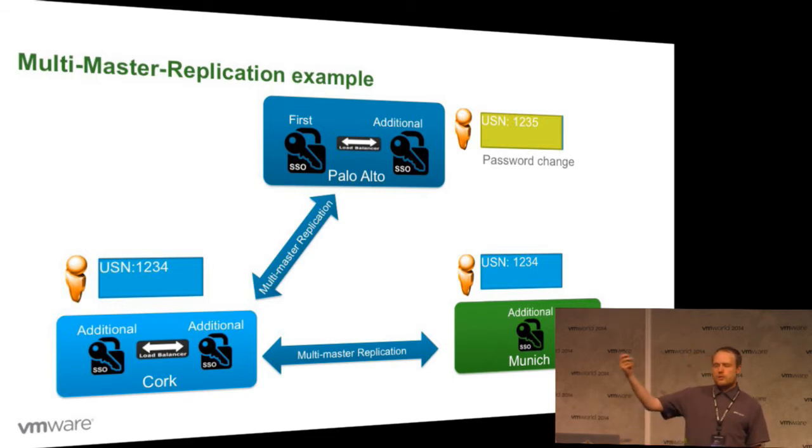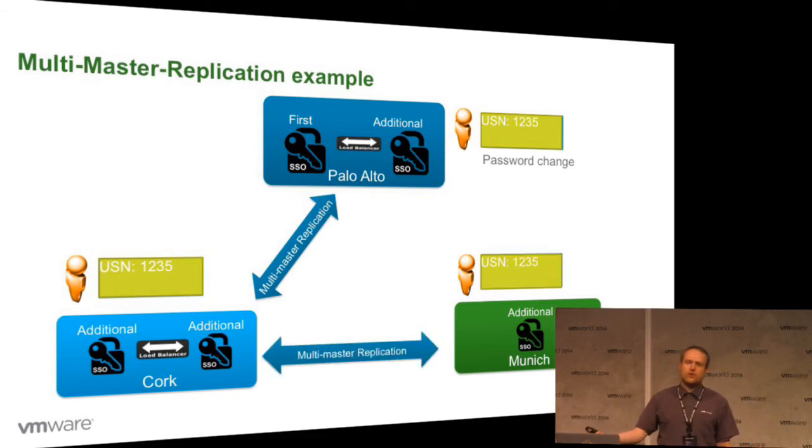Then Cork will actually at some point in time pull from Palo Alto, and it now will know the change. Everything gets updated, it's Munich's turn again, and bam, Munich also gets the last replication cycle. So it actually goes out in waves and can take more than one full replication cycle to replicate changes through the whole SSO installation.